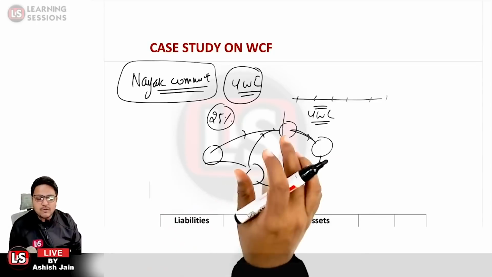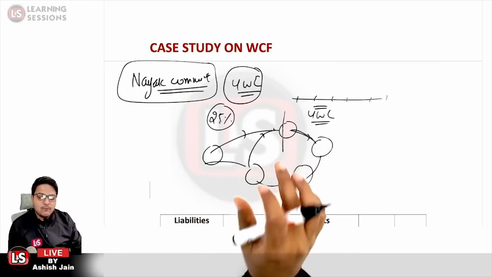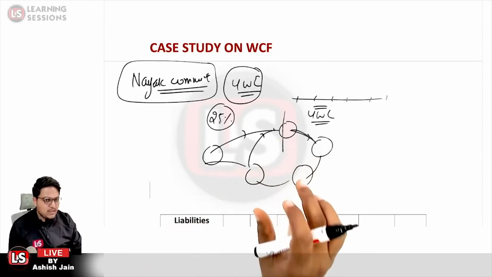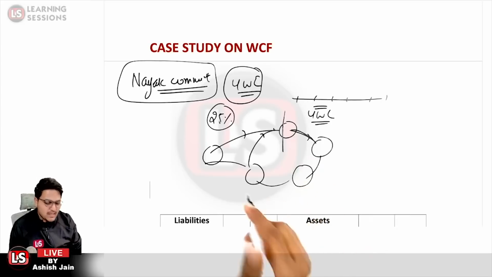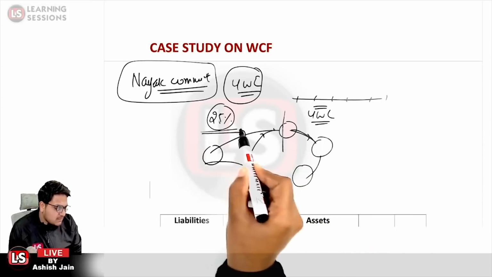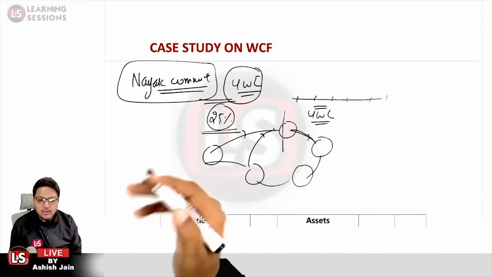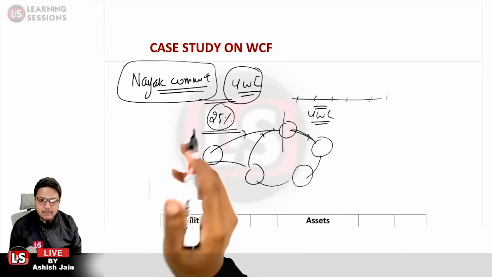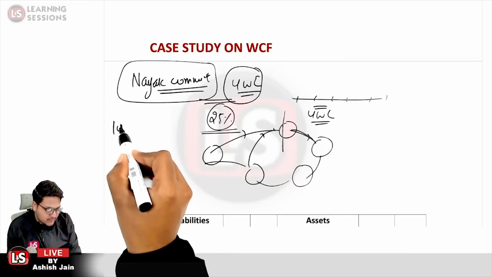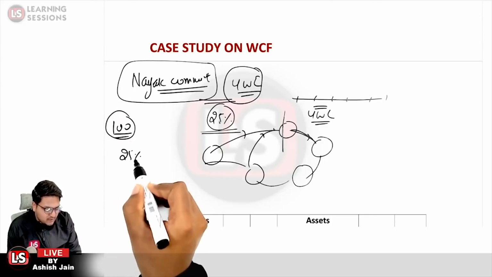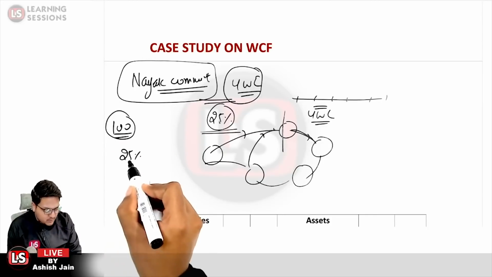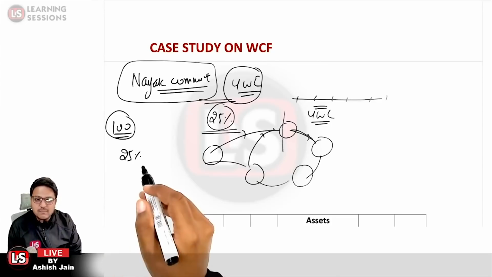So as per the assumption of the Nayak Committee method, the full year is said to have 4 working capital cycles, and the calculations are based upon this only. So if the total working capital requirement for the year is rupees 100, the bank will be financing 25% of the part.